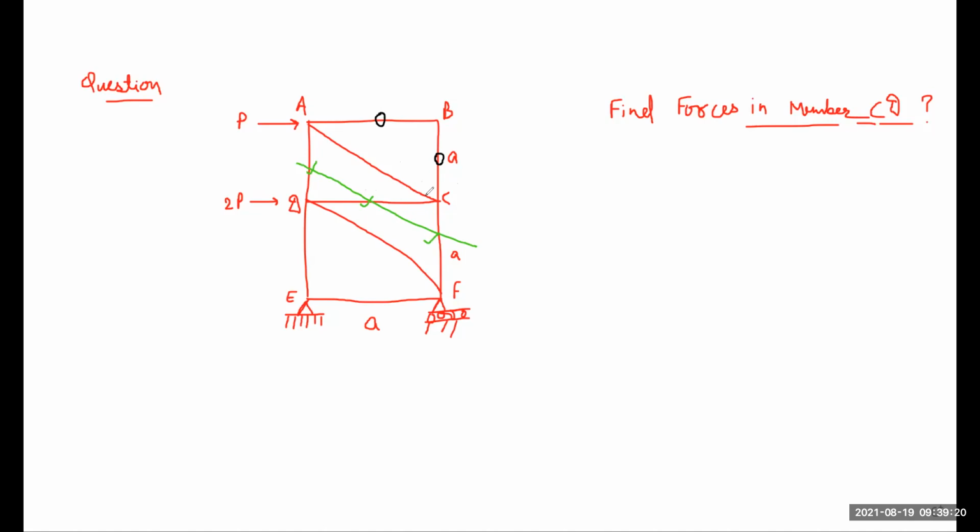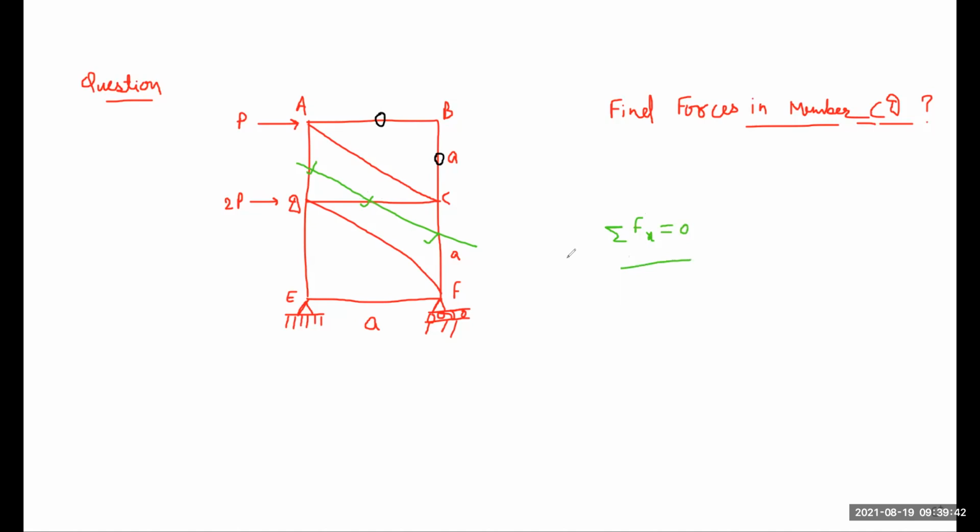Then what you do, you just find the forces in member CD. So just apply summation of force in x direction is equal to 0, and find the member force in CD. Also, this member is cut by this section.